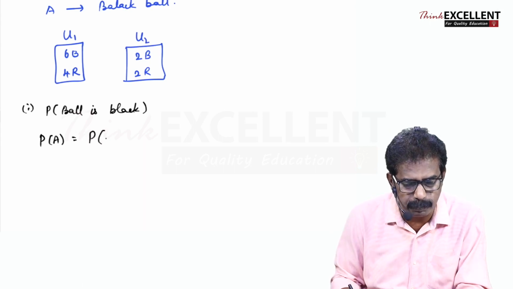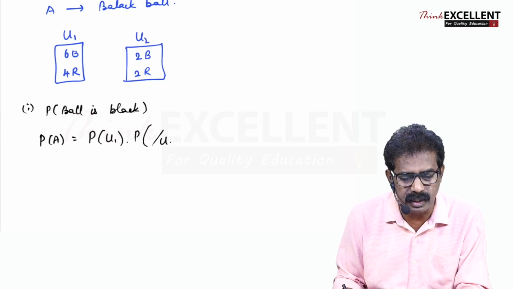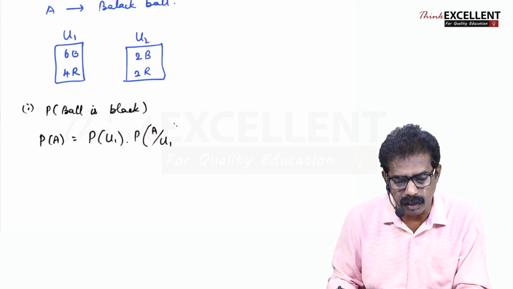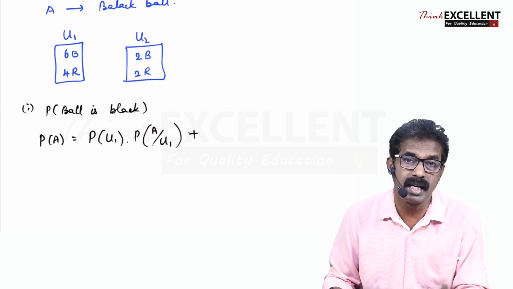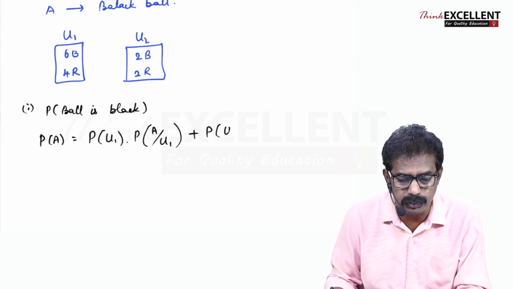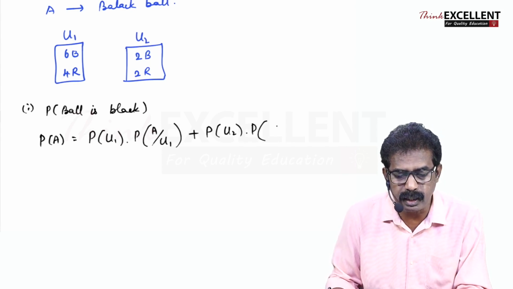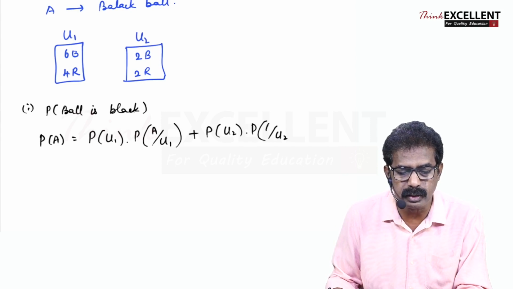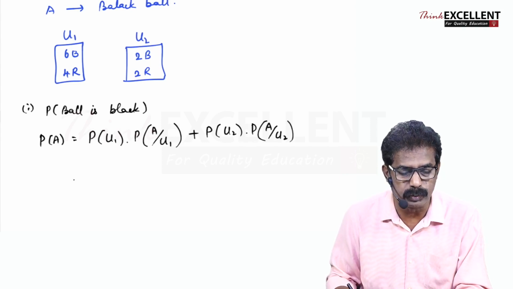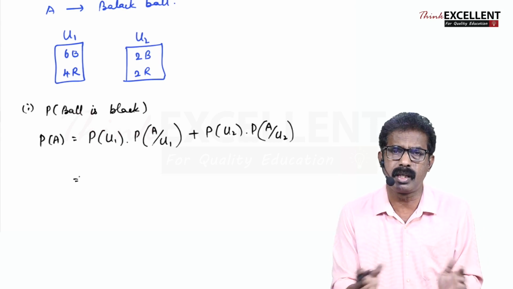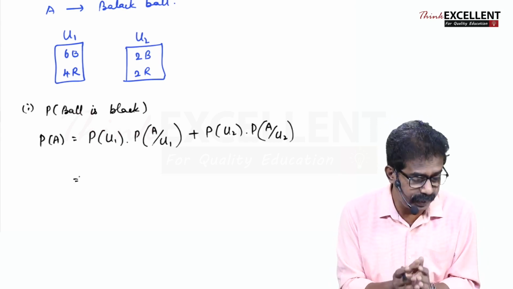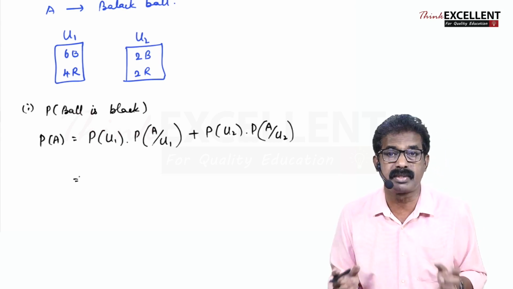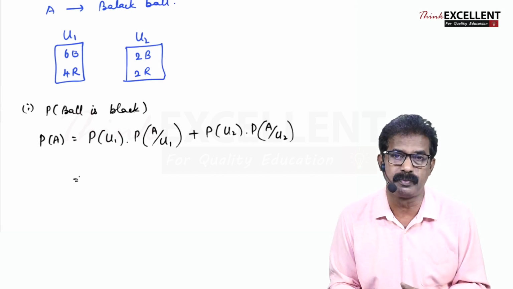Selecting the first urn, P of U1, and from the selected first urn you draw a black, that is taken as A. Or, so put plus. Same way, select the second urn, P of U2, and from that you draw a black, P of A given U2. There are two bags, two identical urns, so the chance of selecting each one is 1 by 2.